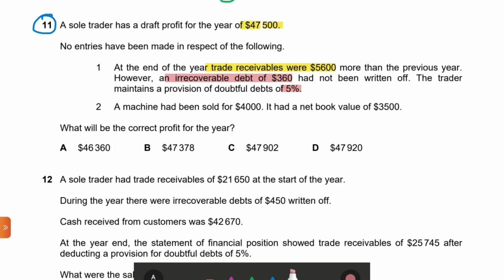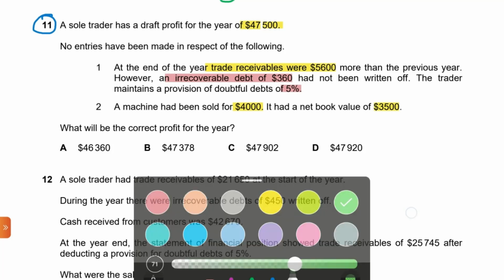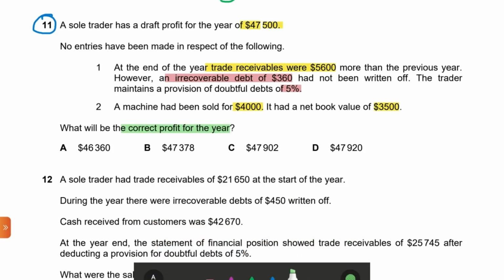It had a net book value of 3,500. The machine was sold at 4,000 selling price, but the net book value was only 3,500. What will be the correct profit? They made errors. They forgot to enter the above. So, we can calculate. The draft profit is 47,500.